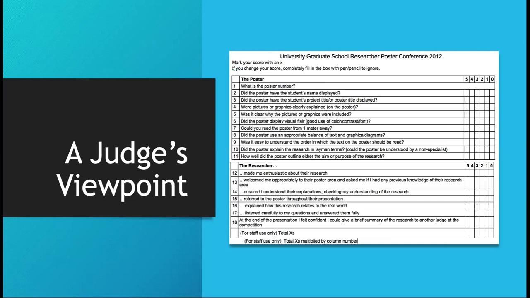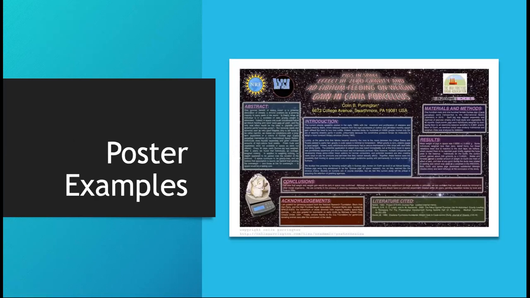Also, this is another judge's viewpoint. They have two categories. They judge first the poster and then the researcher himself. This is an actual example of an unappealing poster. As you can see here, it has far too much text.